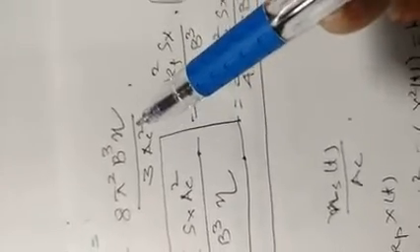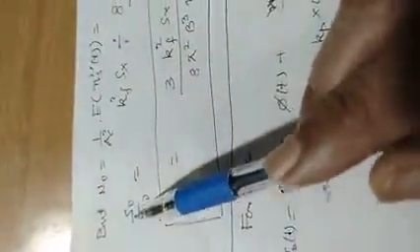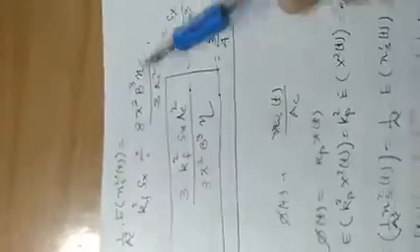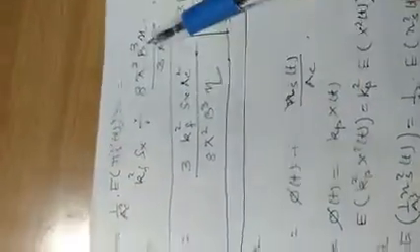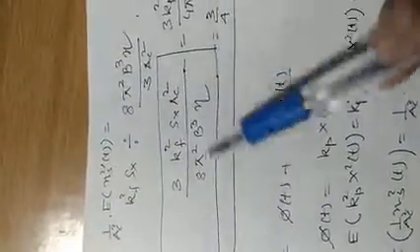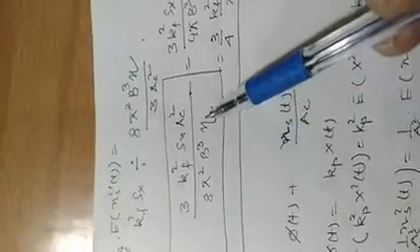Now we can have the signal to noise ratio. So signal to noise ratio, we have the output signal power equal to kf square Sx, which we had calculated, and N0 we have calculated, so we have divided it, and we have got this formula: 3 kf square Sx Ac square by 8π square B cube eta.